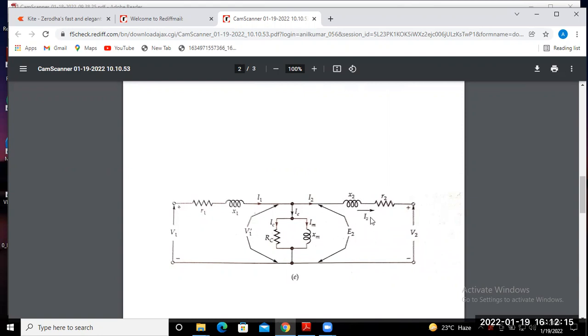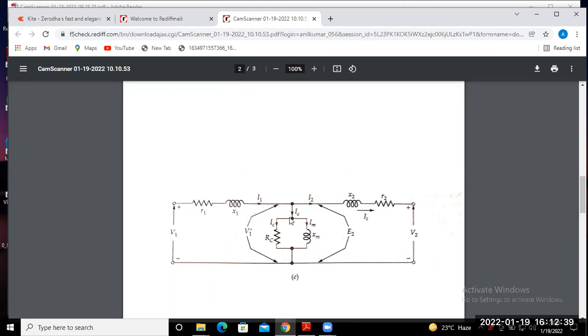These parameters are transferred towards the primary side, either way. X2 dash and R2 dash may be omitted by convention, and this is your V2. So this circuit may be simplified further.